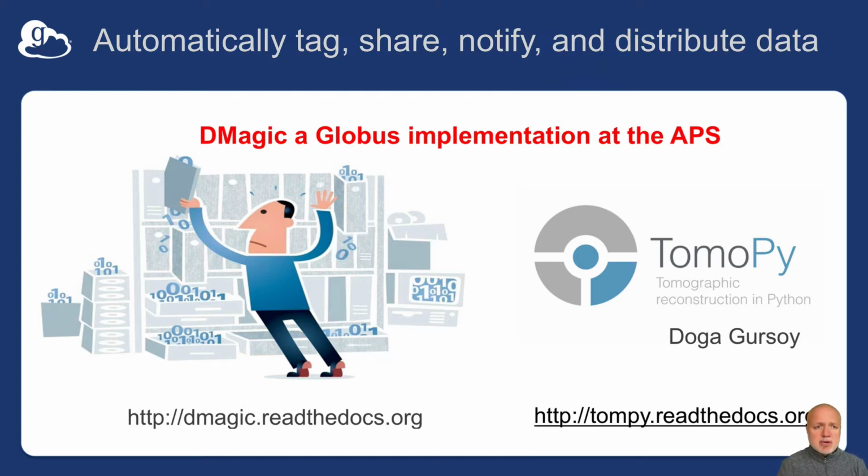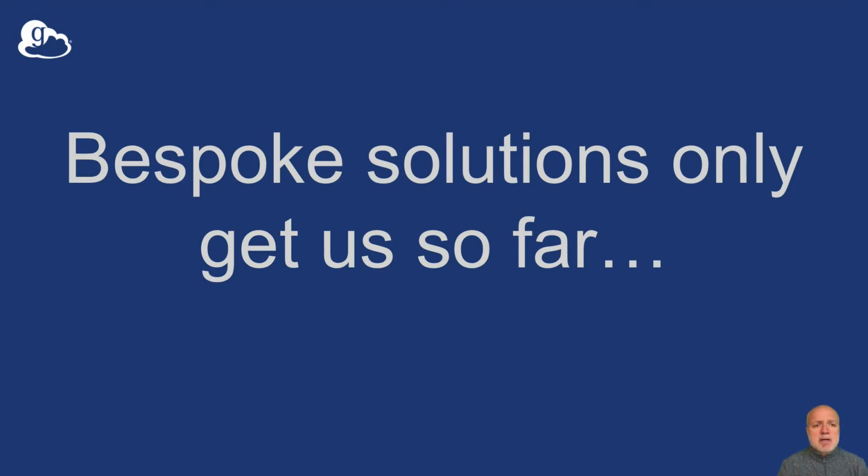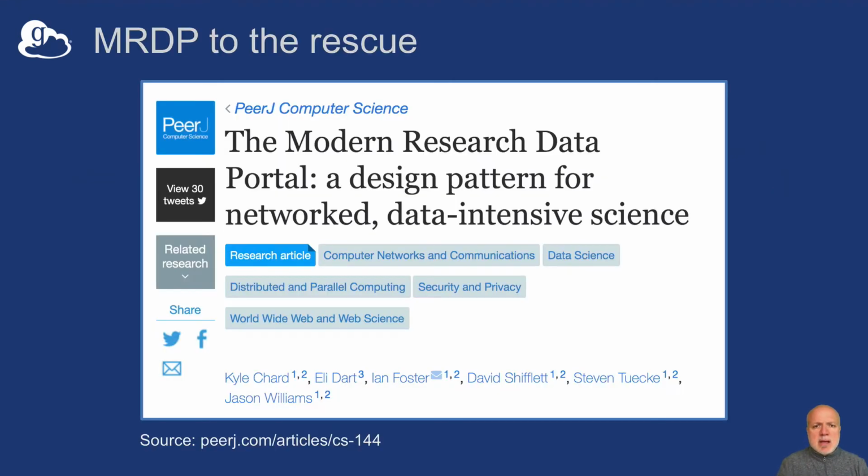A good example of this is the D-Magic effort that was led by Francesco Di Carlo a few years ago. But even then, these bespoke solutions only get us so far. So in about 2016 or so, the very smart folks at ESnet out at Berkeley National Lab, together with some of the Globus team, presented this idea of the Modern Research Data Portal.